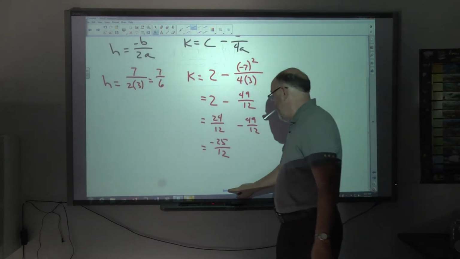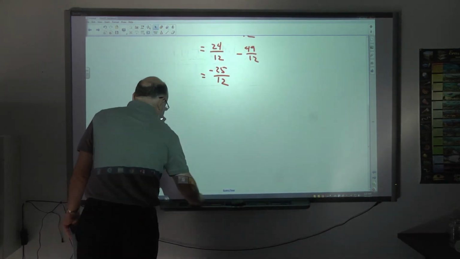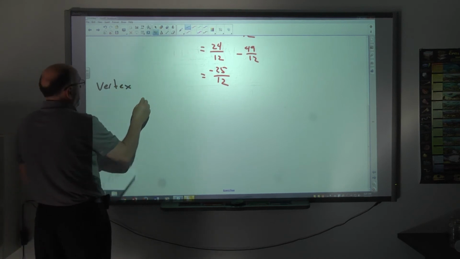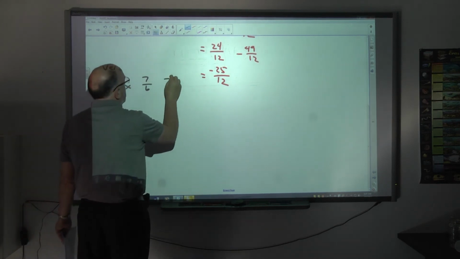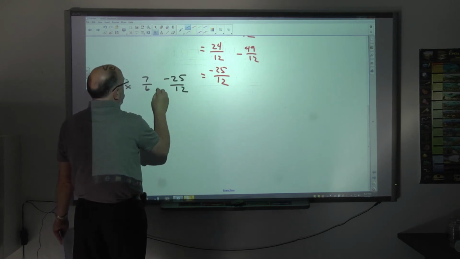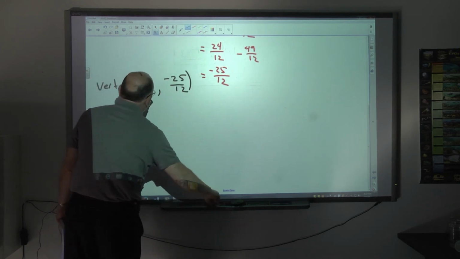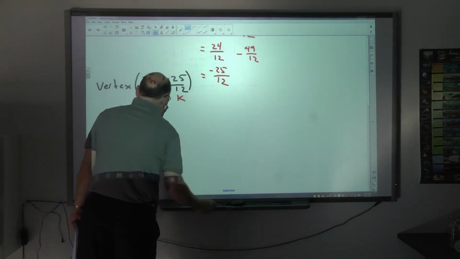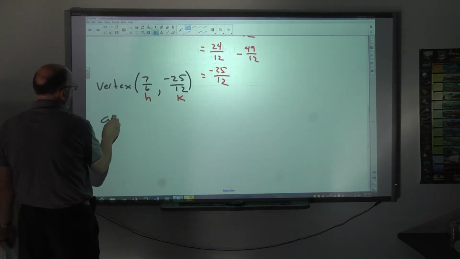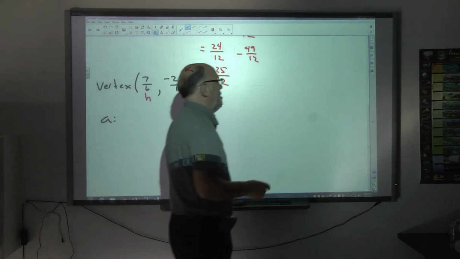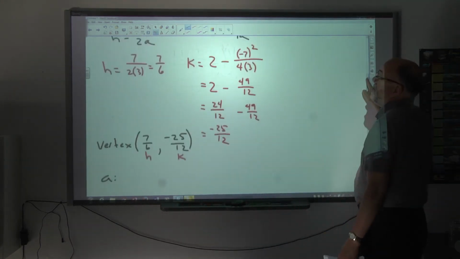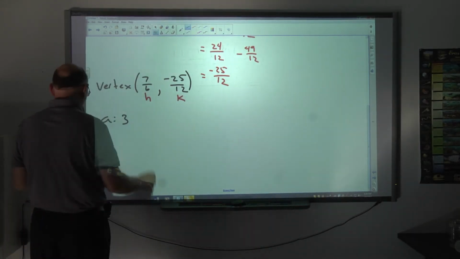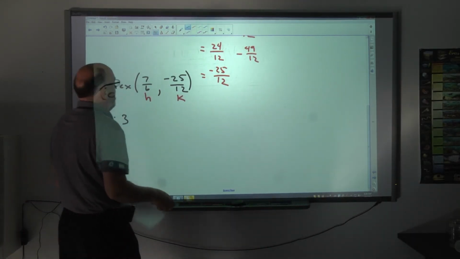So we know our vertex: 7 over 6, negative 25 over 12. This is the h, and this is the k. Now the a number is the number in front of my x squared term, and that number is 3.